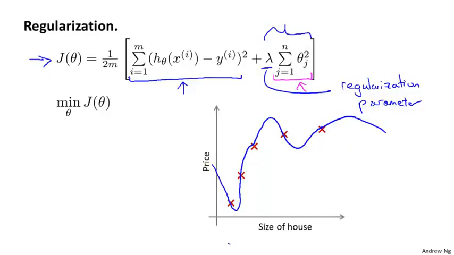If you still fit a high order polynomial with all the polynomial features in there, but you make sure to use this regularized objective, then what you can get out is a curve that isn't quite a quadratic function, but is much smoother and much simpler, maybe a curve like the magenta line that gives a much better hypothesis for this data. Once again, I realize it can be a bit difficult to see why shrinking the parameters can have this effect, but if you implement this algorithm yourself with regularization, you will be able to see this effect firsthand.